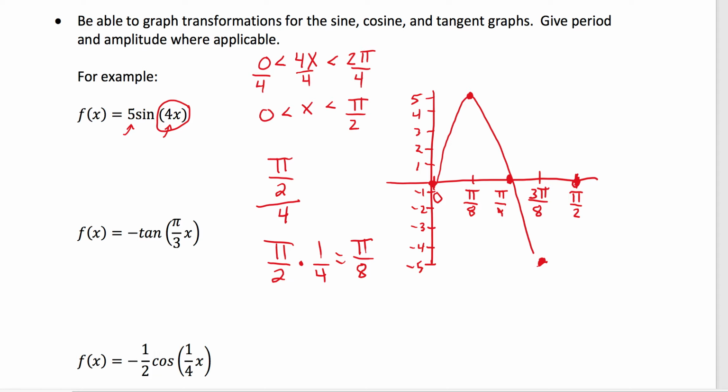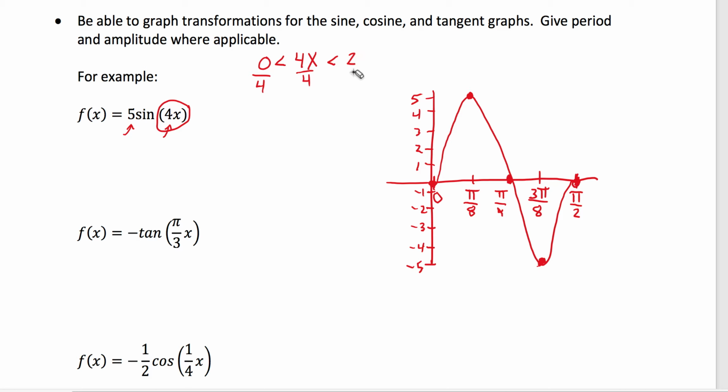All right, and the only other thing you need to be able to do with this graph is determine period and amplitude for the new graph. The period goes from 0 to pi over 2, so that's a distance of pi over 2.